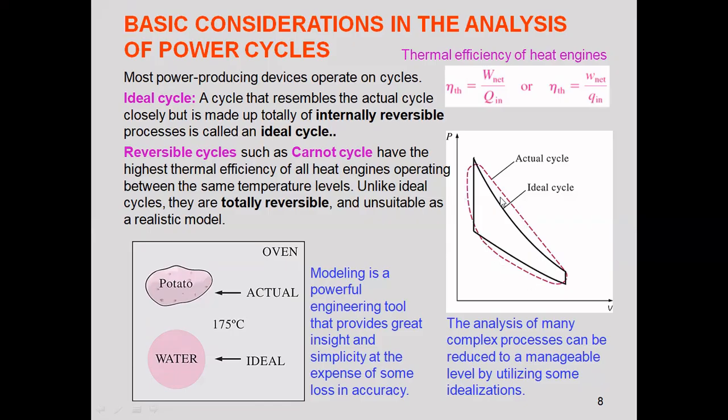The dashed line represents the actual cycle, and the ideal cycle is represented by idealized processes: isentropic compression, then a constant volume process, then again an isentropic process, and again a constant volume process.